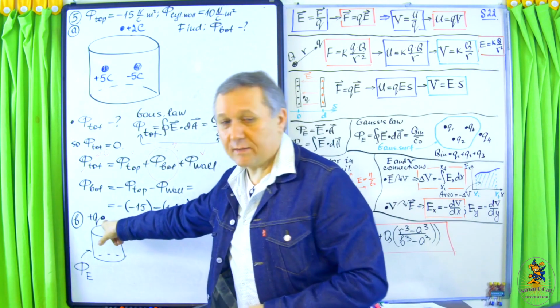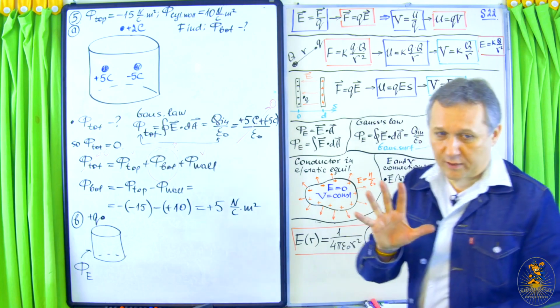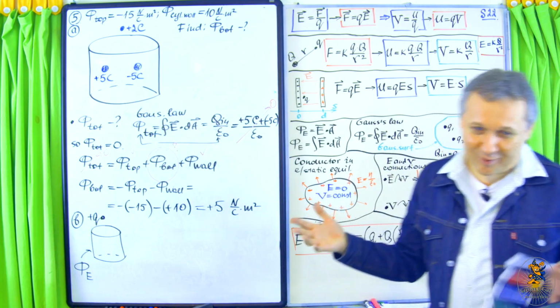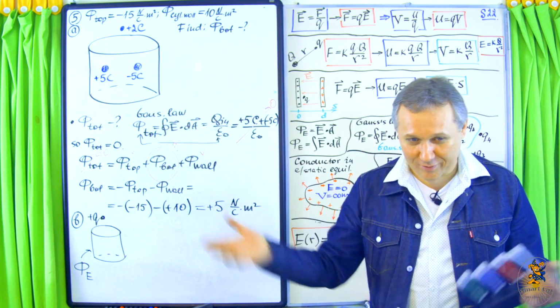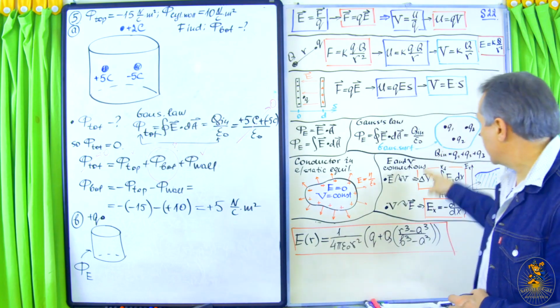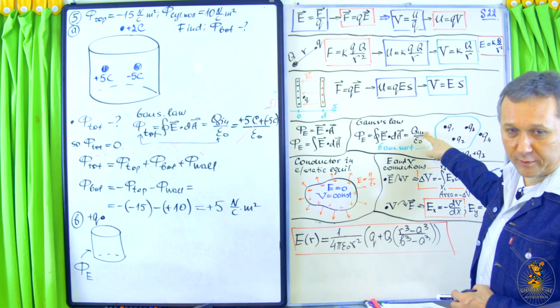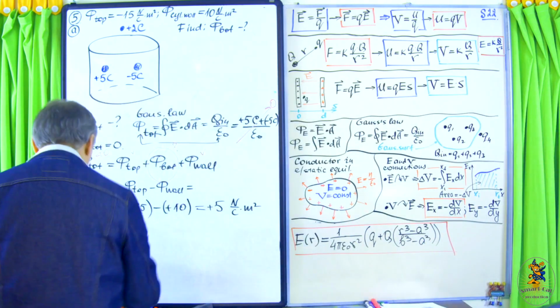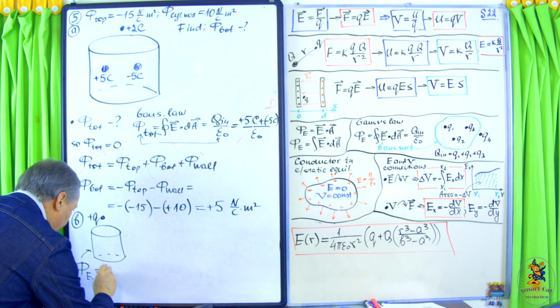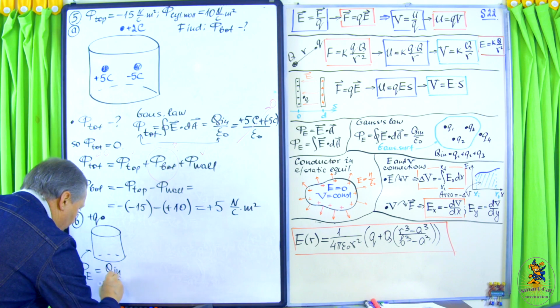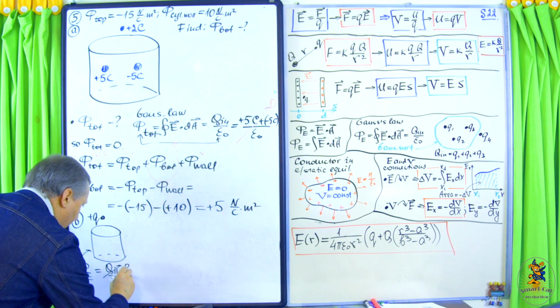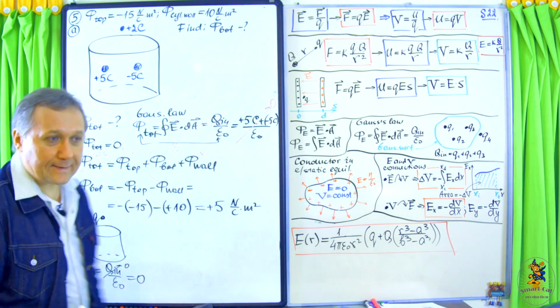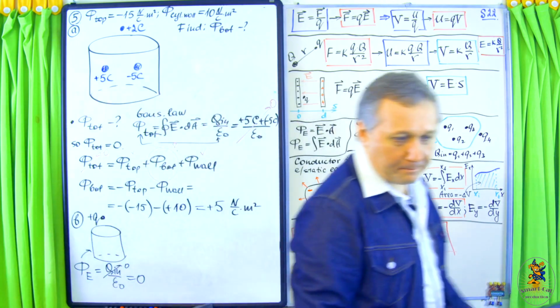This charge is outside, and Gauss's law doesn't care about charges outside. We might care, but Gauss's law doesn't. Since inside there are no charges, Q enclosed equals 0. Phi E equals Q enclosed over epsilon naught, and Q enclosed is 0, so the total flux is 0.